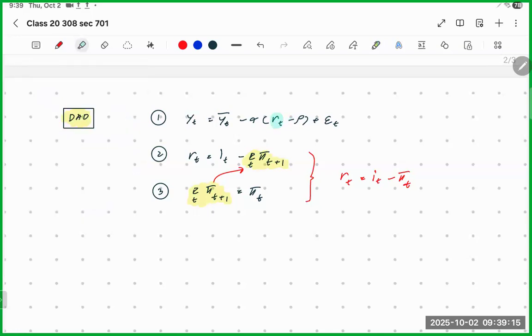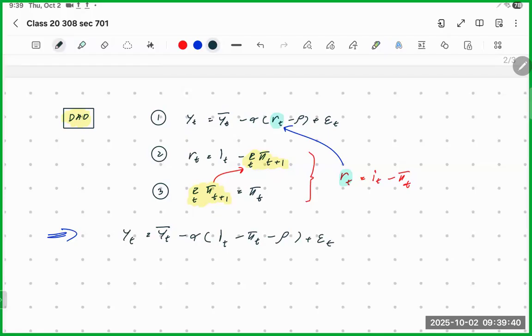In equation 1, I have RT. Here, I also have RT. I can simply plug the equation of RT inside equation 1. Then what I'm going to have is YT equals YT bar minus alpha, IT minus pi T minus rho, plus epsilon T.